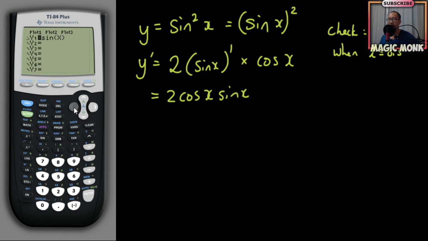Now, you must put everything inside bracket. Sine x to the power of 2. Actually, you might close the bracket first and then write to the power of 2.